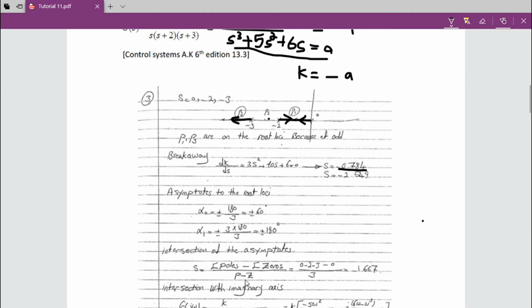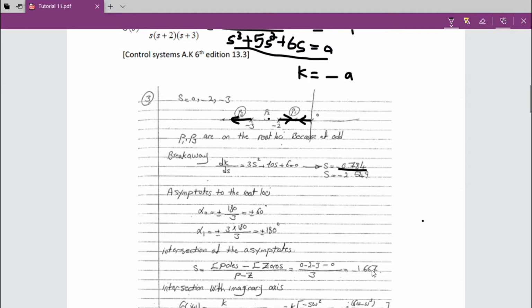The sum of poles is 0 plus -2 plus -3, minus the sum of zeros, which is 0, divided by number of poles minus number of zeros, that is 3 minus 0. So you get negative 1.667. That is your intersection for the asymptote.